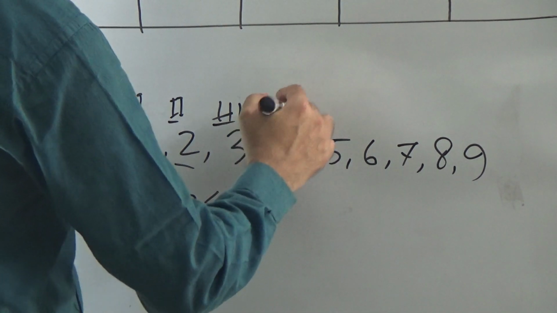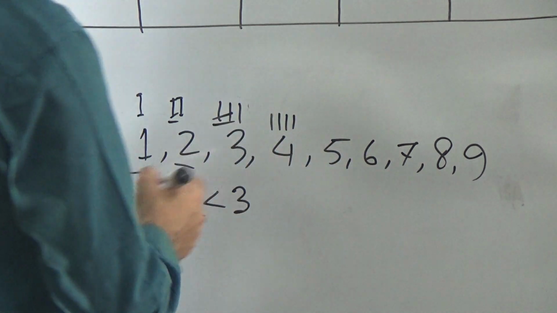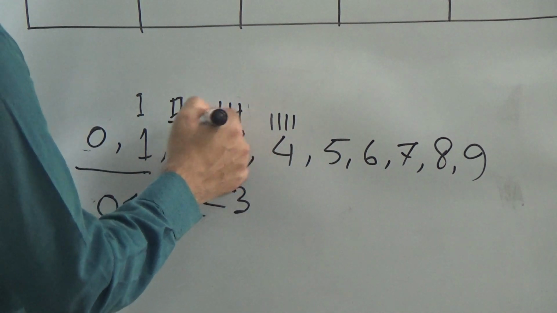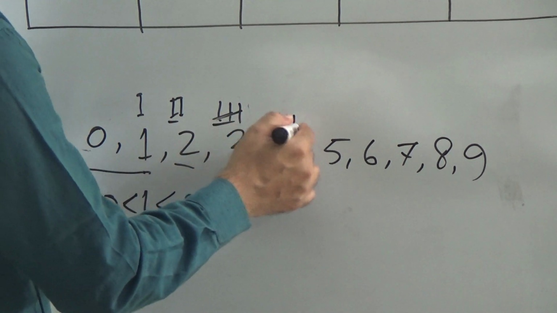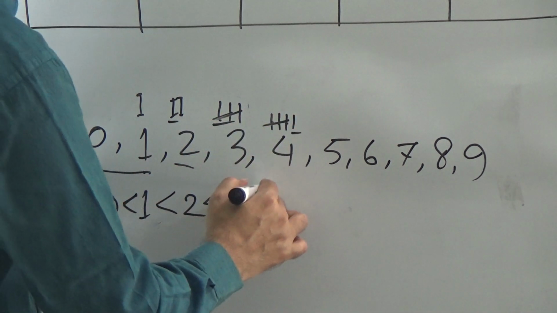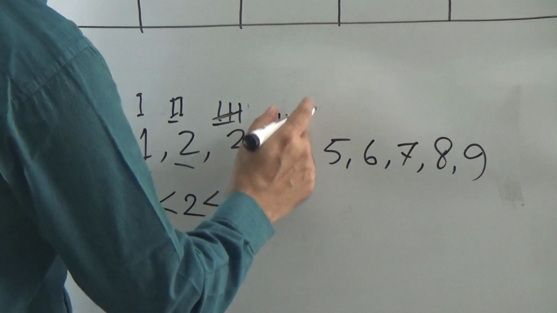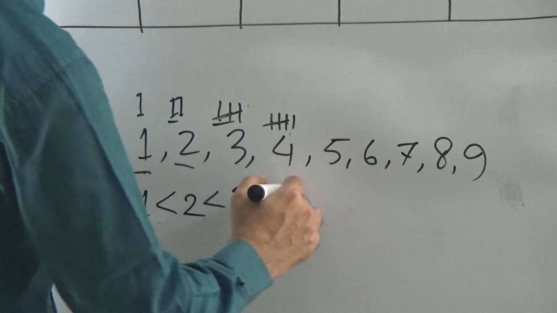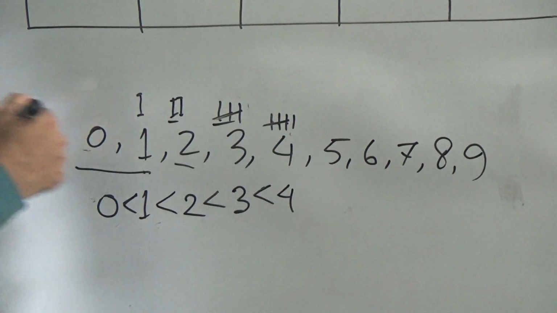Then the next number is 4. So I have to give 4 lines. Dear students, now here are 3 lines: 1, 2, 3. If I take 3, 1 is left, which means 4 is greater than 3. It means 3 is smaller than 4, as there is 1 more line. So we can write 3 is smaller than 4.